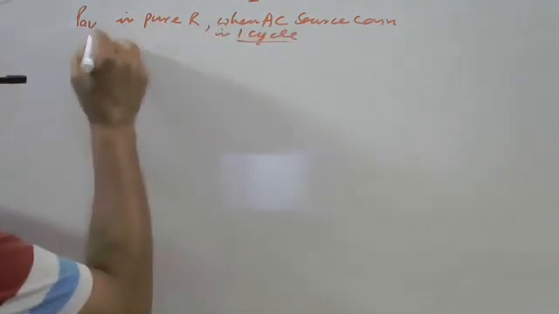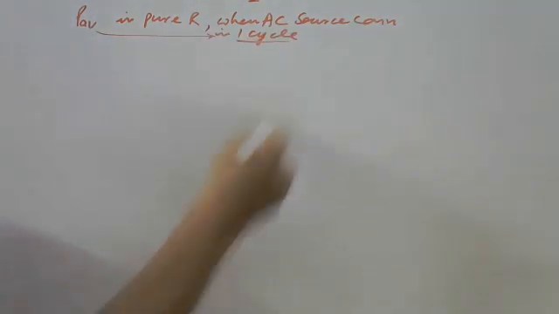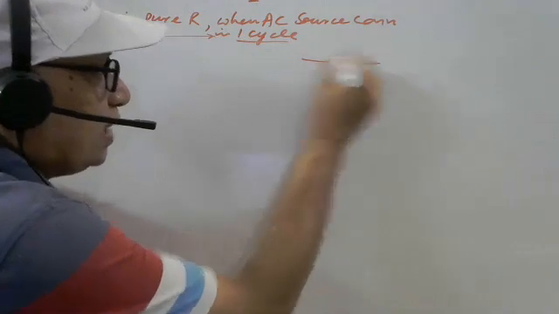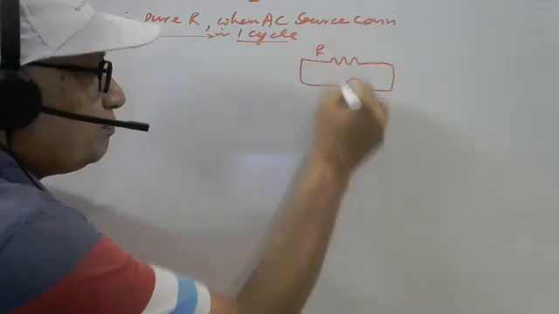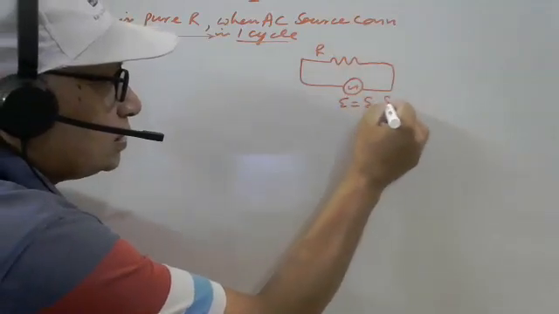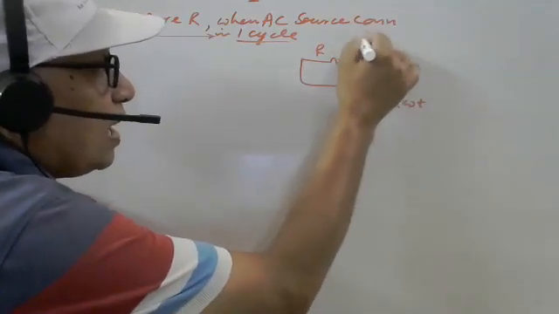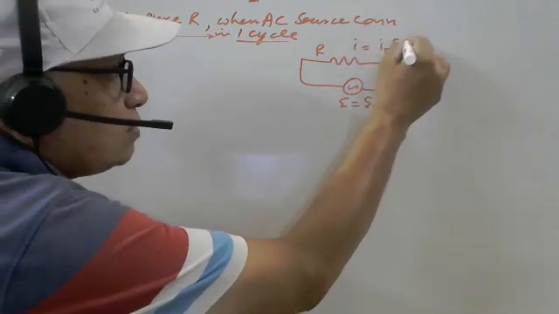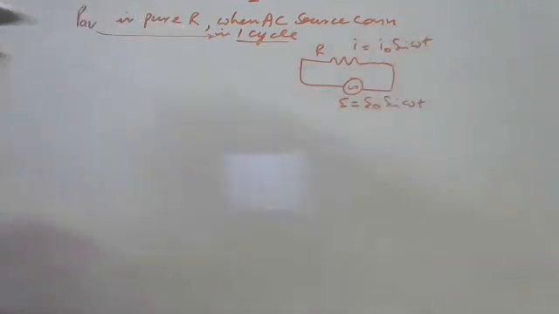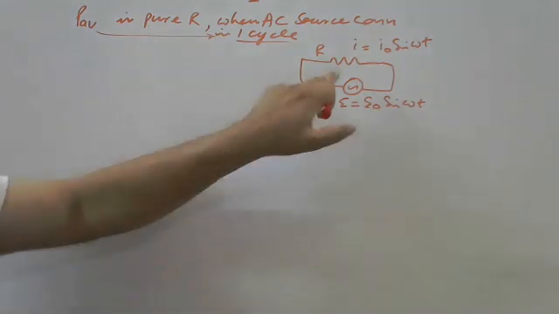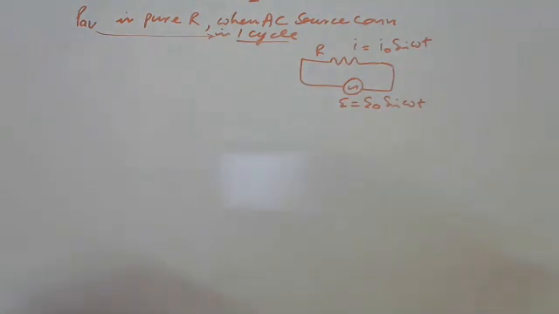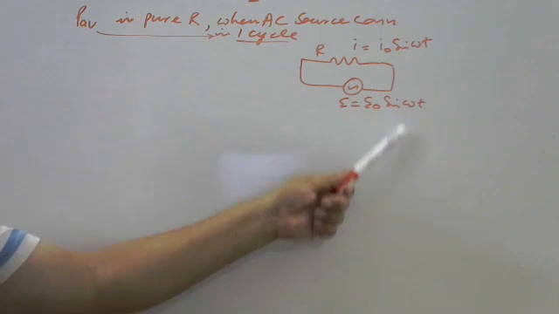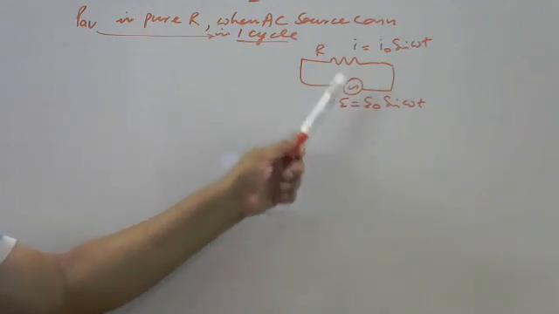Suppose we connect this resistance to an AC source, E = E0 sin ωt, and I = I0 sin ωt, with no plus or minus phase term, because in pure resistance current and voltage are in the same phase. So there is no phase difference between the current and voltage in case of pure resistance.